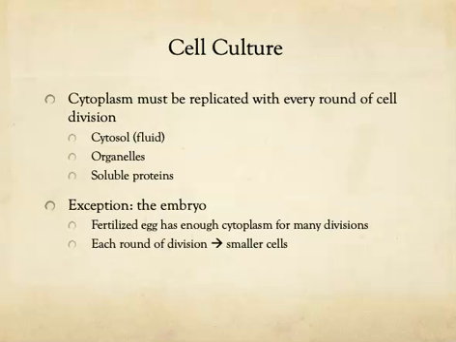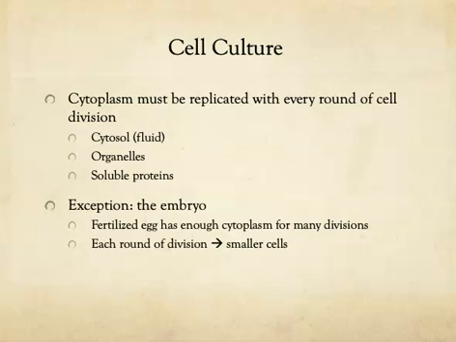Now, we've learned quite a bit about the cell cycle and its different stages by examining cells not as they exist in the actual organism, but by taking them out and growing them up in the laboratory in cell culture. We know, for example, that during the gap stages, everything in the cell, with the exception of the DNA, has to be copied.